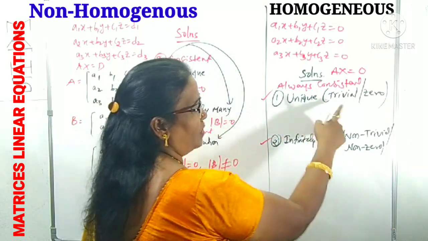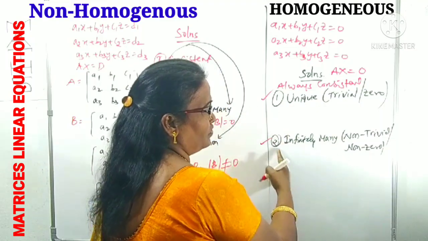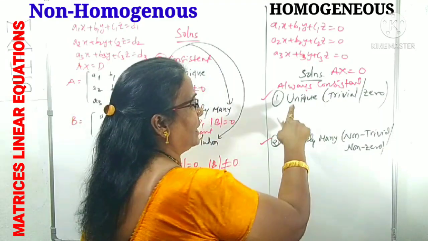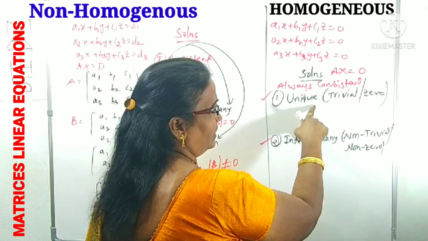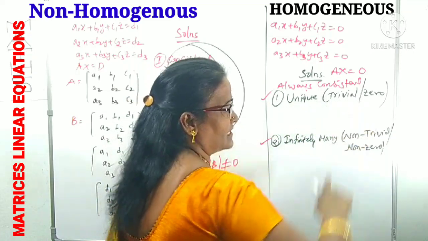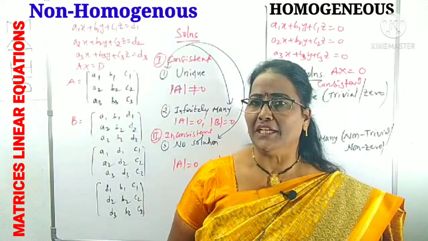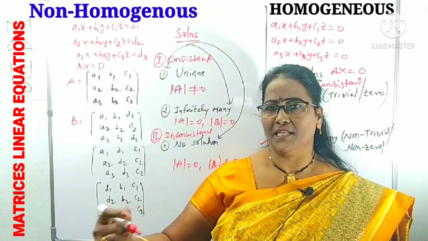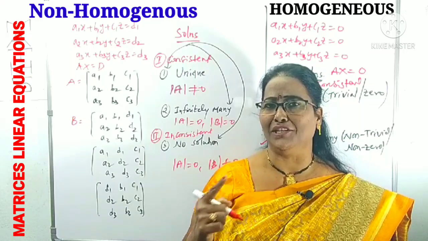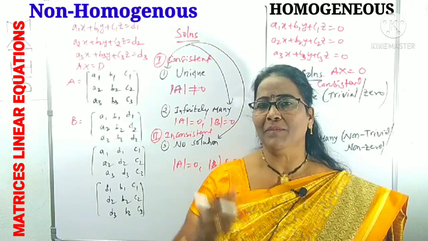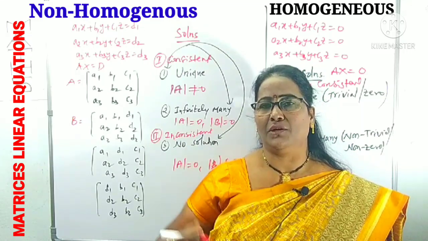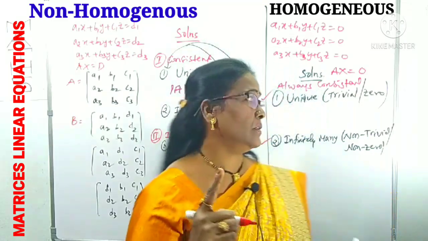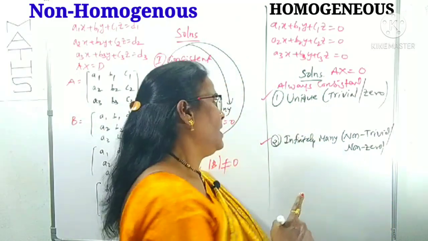What are the other names of unique solution? We can call it the trivial solution. It is also known as the zero solution. So you have to know the alternate names. You may give any name, but you also have to know the conditions. So follow carefully.